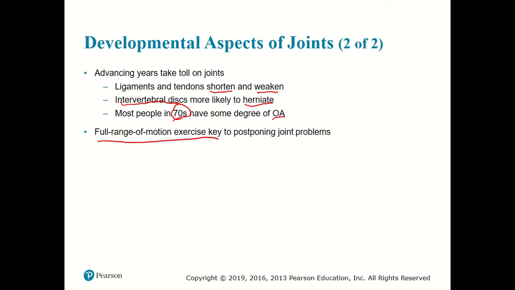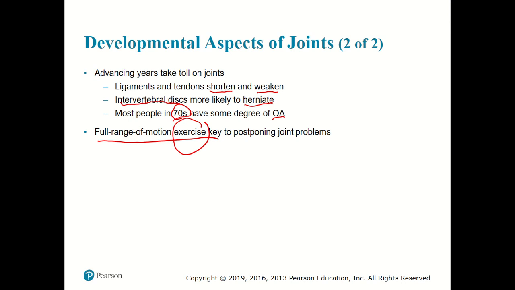Well, it all comes down to this: exercise is really, really key, and it's beneficial for a lot of things, including your joints. Looking at your joints, full range of motion, using those joints in exercise, moving them, having that fluid go through the synovial joint, and getting circulation in those areas are really important for postponing joint problems.